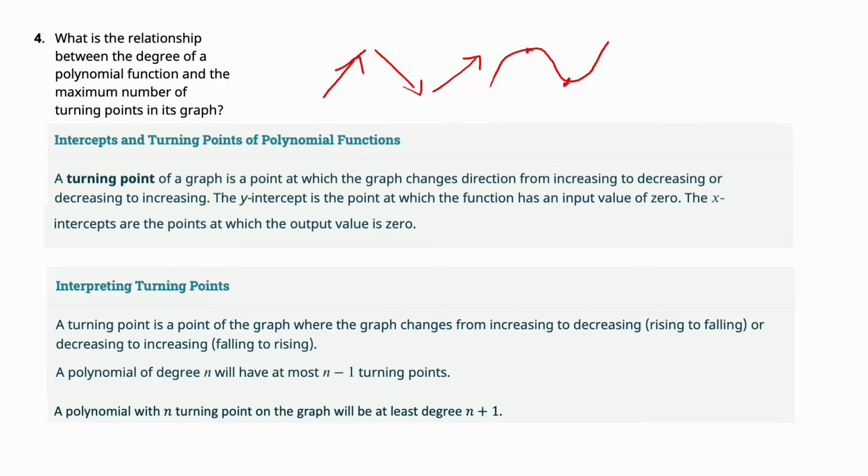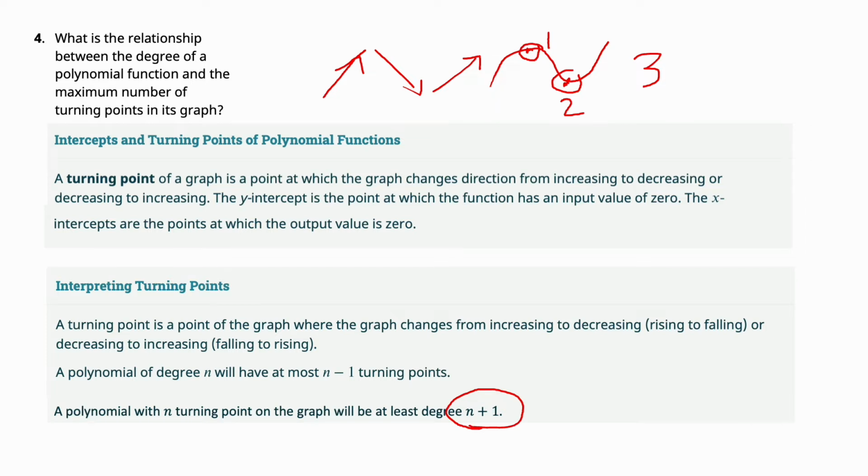Now, what we can tell from that is that if I have a graph with 2 turning points, that would tell me that the degree of my polynomial is actually 1 bigger. So this would be at least a degree 3 polynomial because I have 1, 2 turning points.